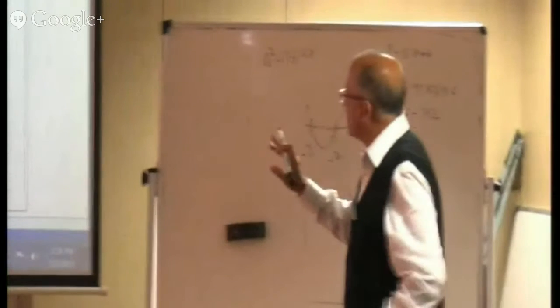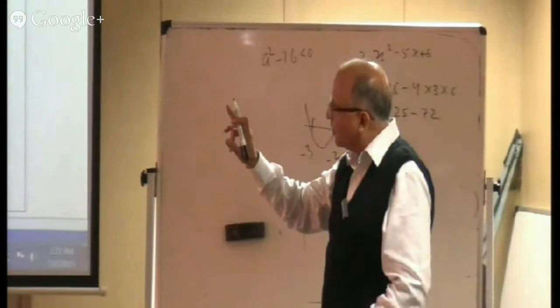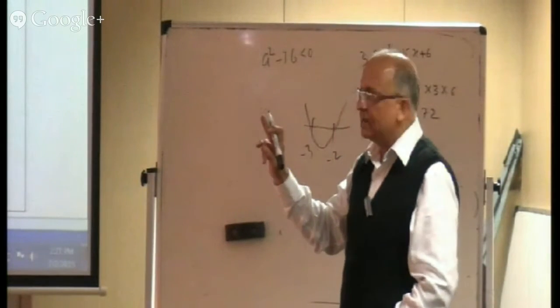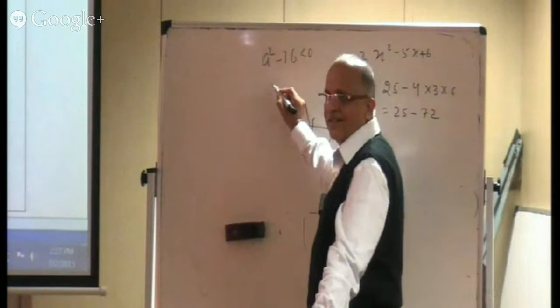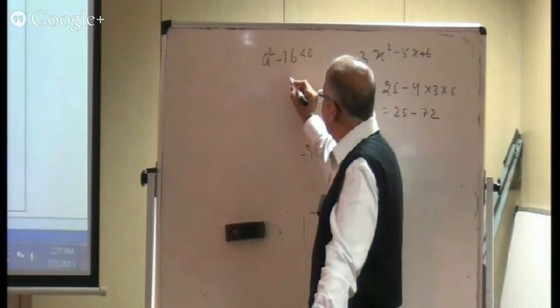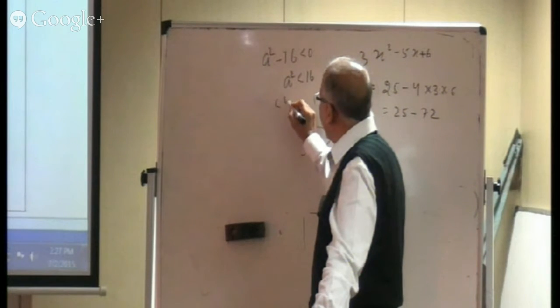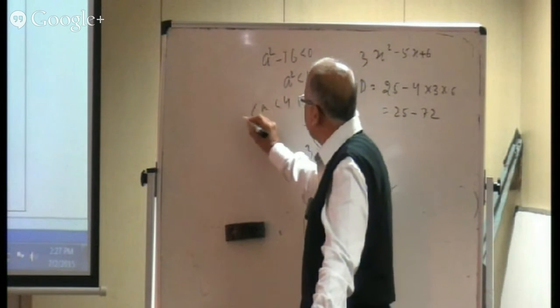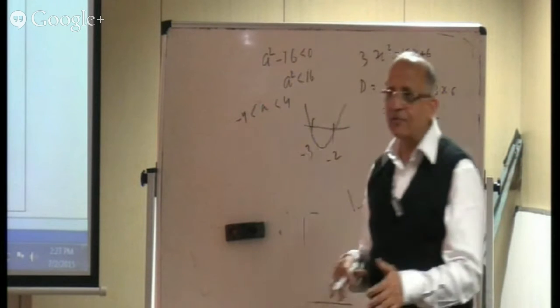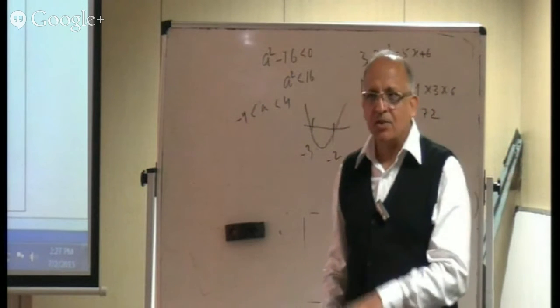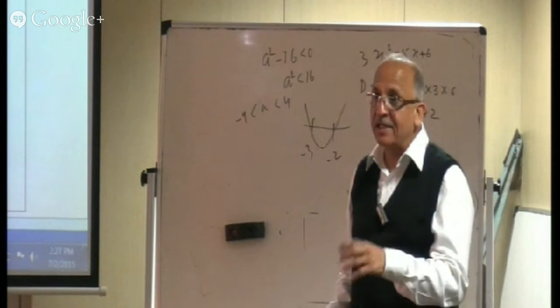D is b square minus 4ac. So a square less than 16 means a lies between minus 4 and 4, because if a becomes more than 4, the square will be more than 16, and if a is less than minus 4, again the square is more than 16.